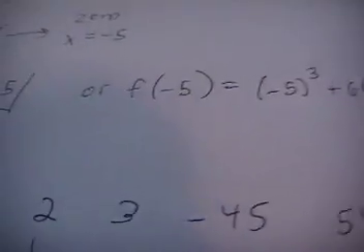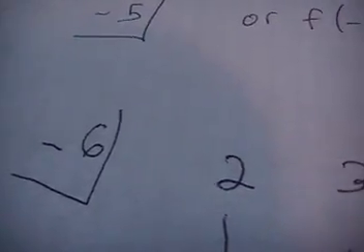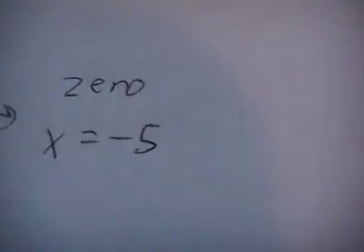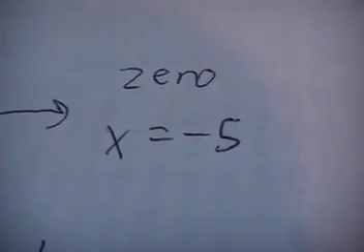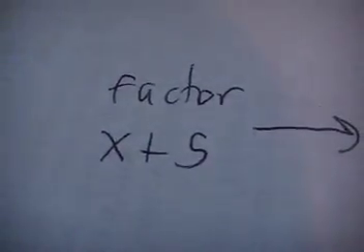And since -6 was a zero of it, if you have a 0, you can go back to the factor just by switching the sign. So if x equals -6 is a 0, then x plus 6 would be a factor. And usually we put the smaller factors in the front.